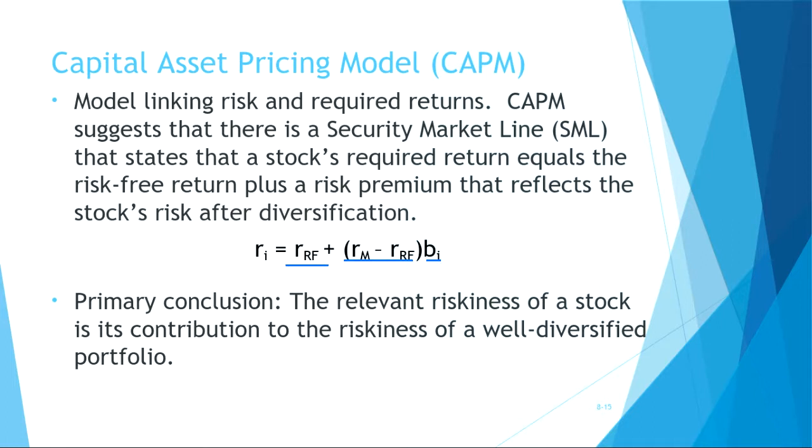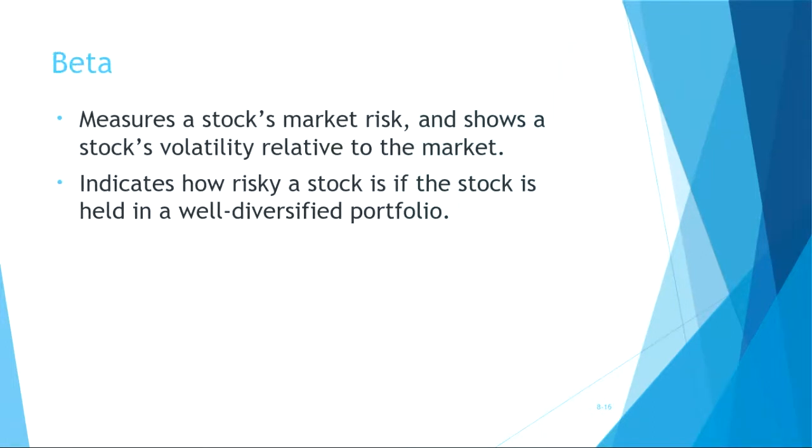Let's calculate it with our numbers. Let me explain the beta first. What is the beta? Beta measures the stock's volatility relative to the market. Let's say the beta is 1.